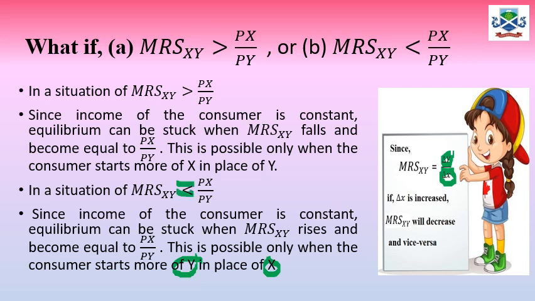As it is less, you have to increase it, and to increase it he has to consume more of good Y in place of good X. That's how the consumer will reach equilibrium in these two situations if there is inequality in the equilibrium condition.